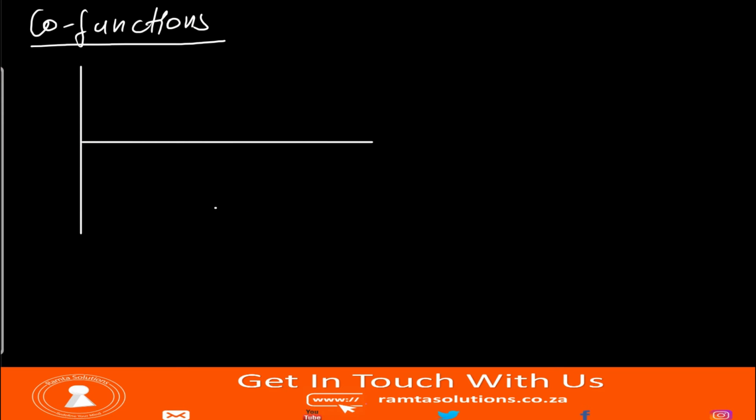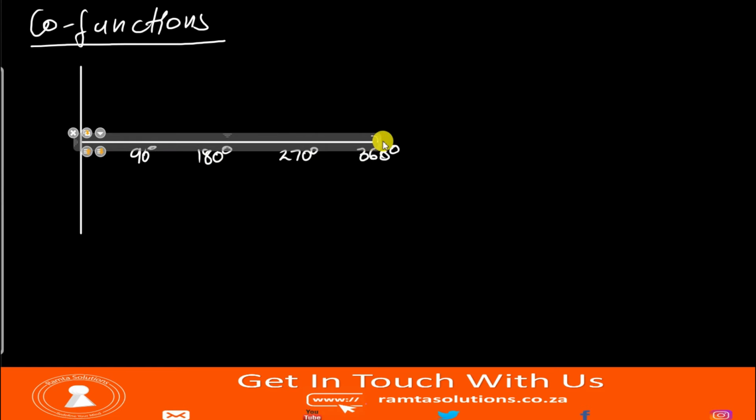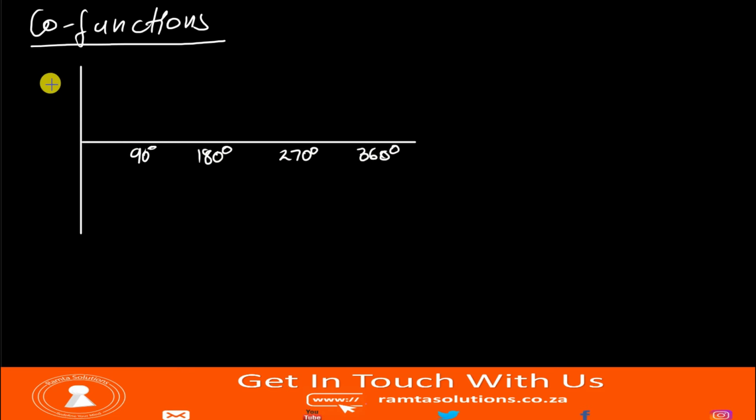I want to try 90 degrees, 180 degrees, 270 degrees, 360 degrees. Let me extend it. So we have this, looking at sine. This is 1, this is -1, this is 0. So this is your sine graph.